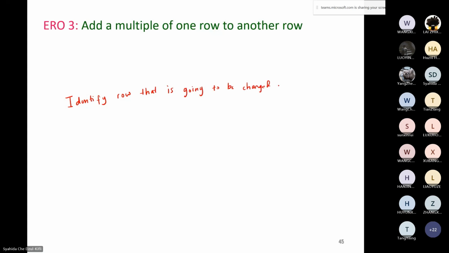Second, identify the row that is going to be multiplied with a constant.